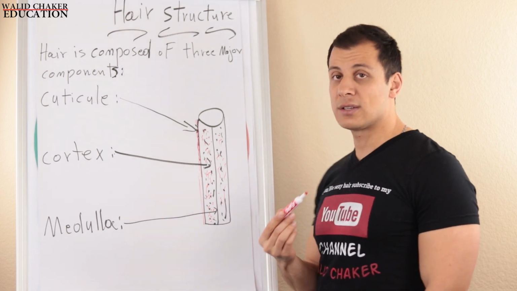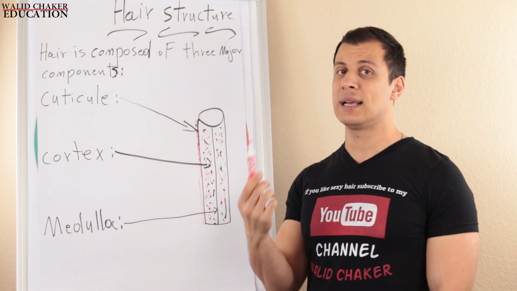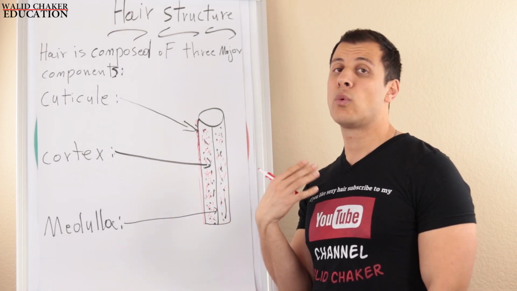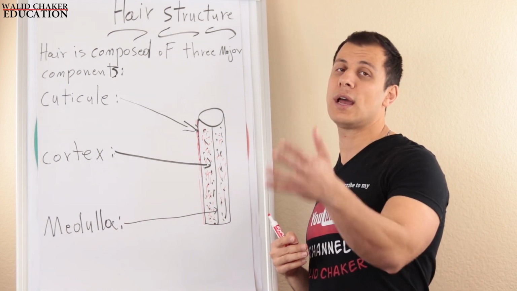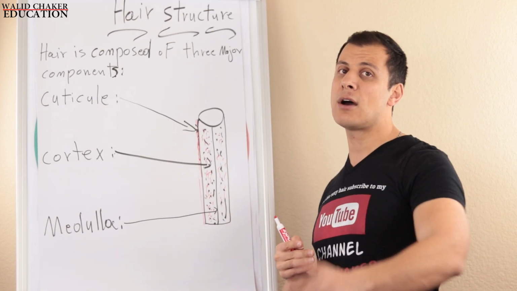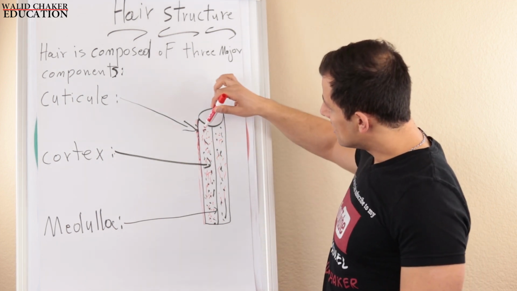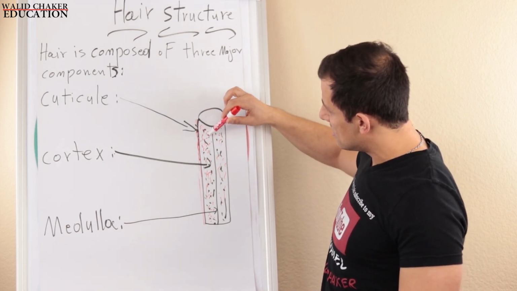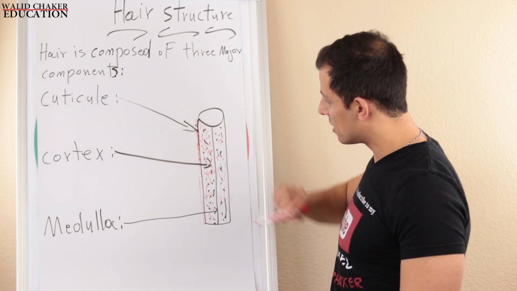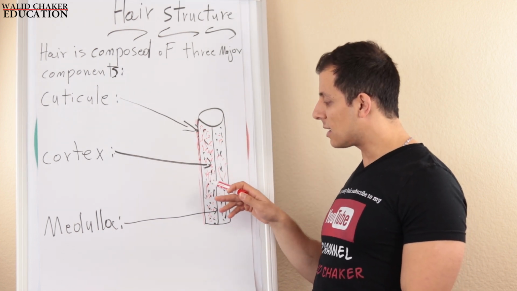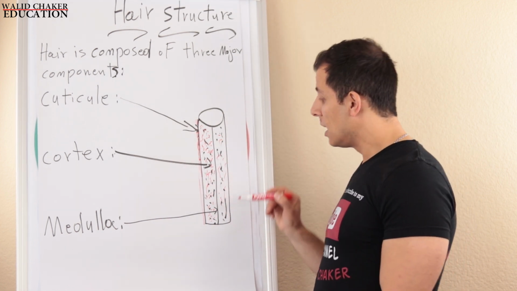Because it contains the melanin, and the melanin is responsible for showing us what the hair color is. So whether your hair color is brown or black or red or blonde, whatever it is, the color comes from here, from the cortex. This is where the color is going to live, in the cortex, okay?